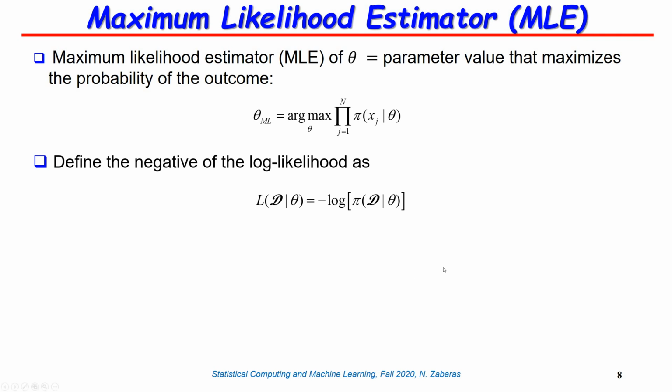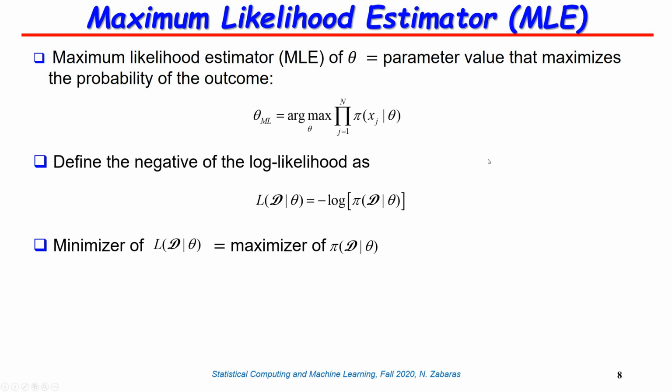But again, don't mix things up here. Maximizing directly the likelihood, or maximizing the log likelihood, or minimizing the negative log likelihood, are all equivalent statements of the same MLE problem.